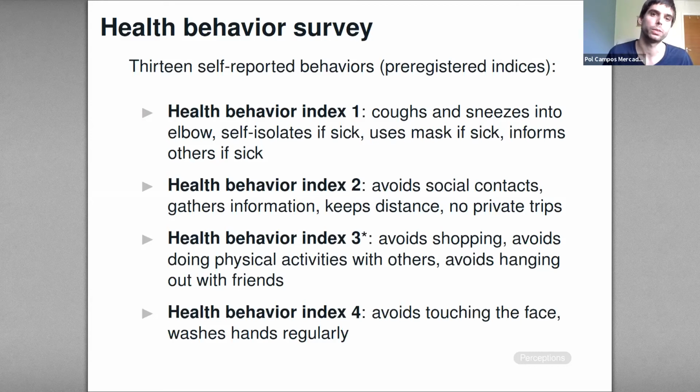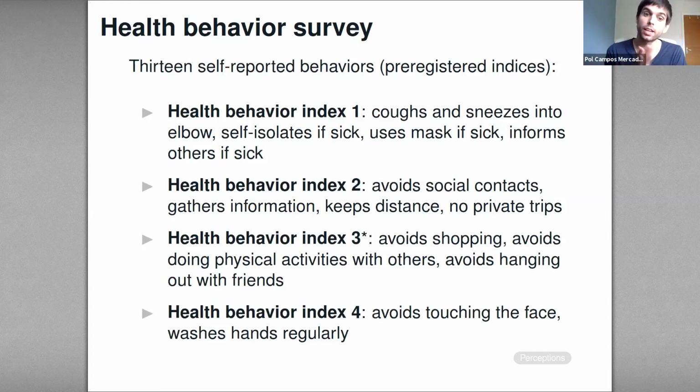Now, what we did with these 13 self-reported behaviors, because we didn't want to have so many outcome variables, we put them into different health behavior indices. So we created 4 health behavior indices that capture some of these measures. These indices were pre-registered, and we created them based on people's perceptions.